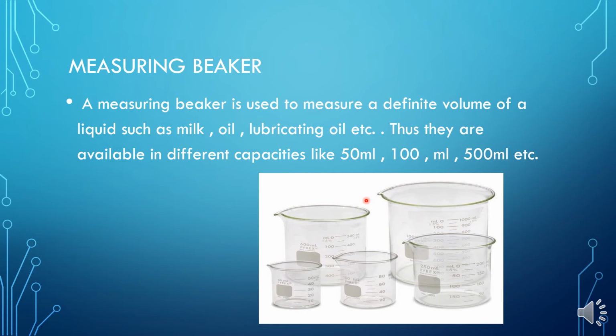For this we take the 200 ml beaker and put it into the bucket that is full of milk, take it out completely filled with milk, and pour it into another container. Like this we come to know this is 200 ml of milk. Okay children?